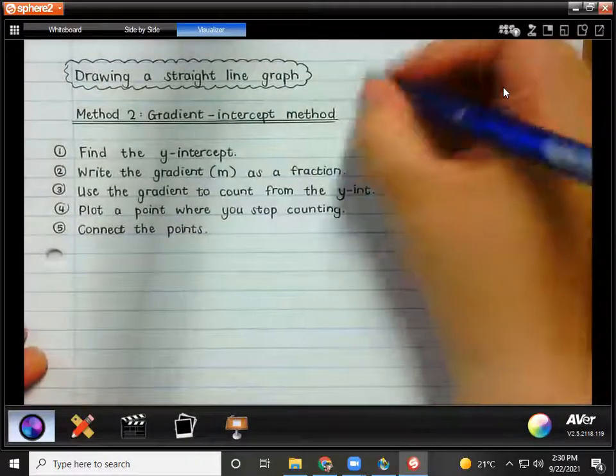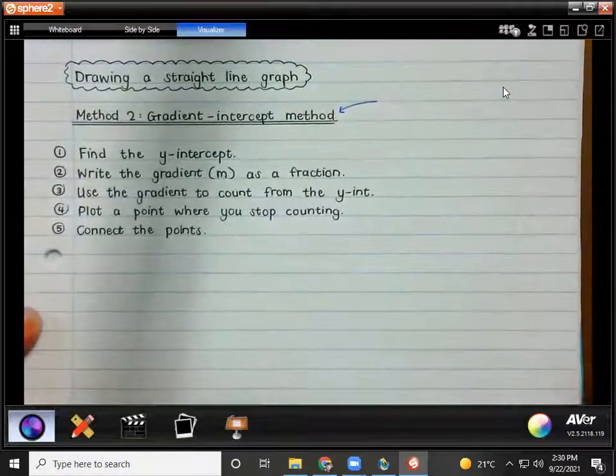I'm just going to make a note here at the top of when we're going to have to use this.